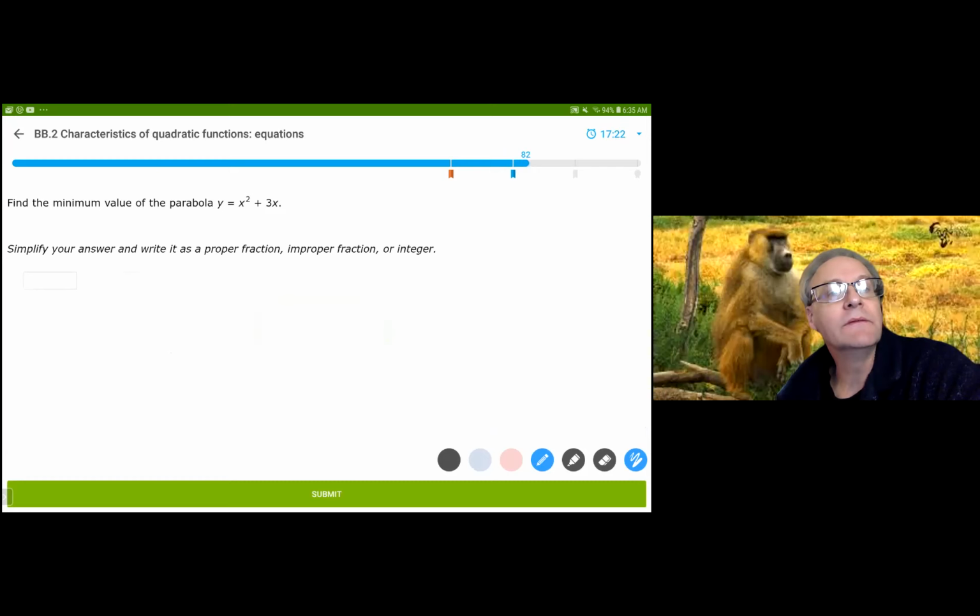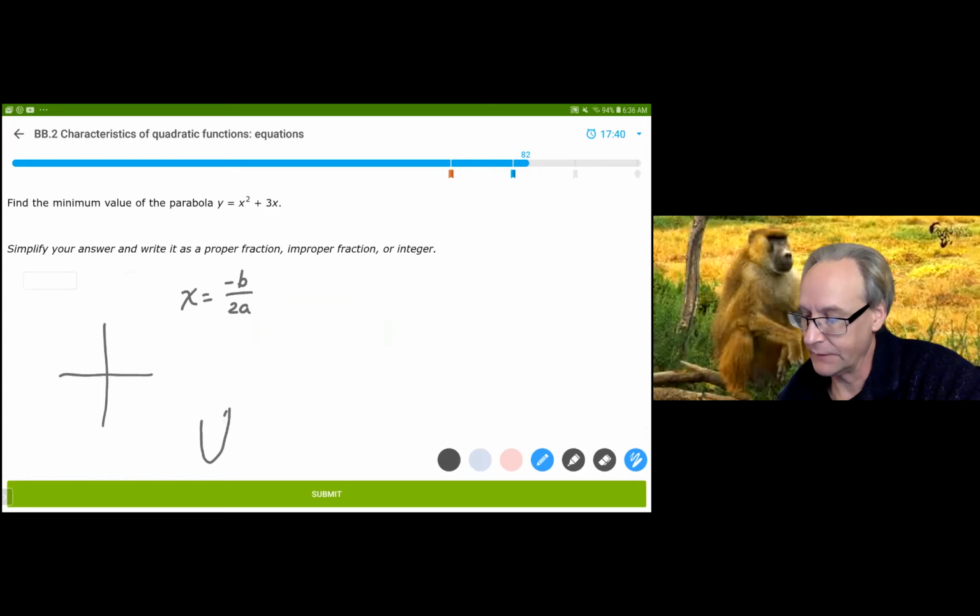Oh, we do have a b value this time. So now we have a little bit more work this time. Remember, we have x equals -b over 2a. That's going to give us our vertex. The minimum value is going to happen because we're talking about a parabola that looks something like this. We're going to have a minimum value.